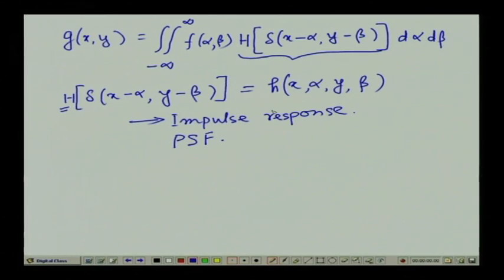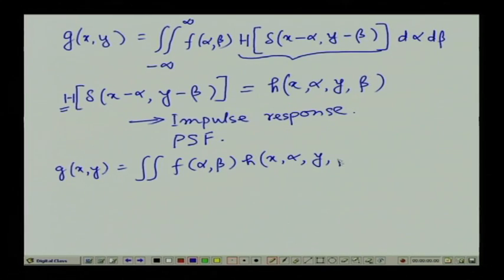So, using this impulse response, the same g(x, y) we can write as a double integral again, f(alpha, beta) h(x, alpha, y, beta) d alpha d beta, integral from minus infinity to infinity.